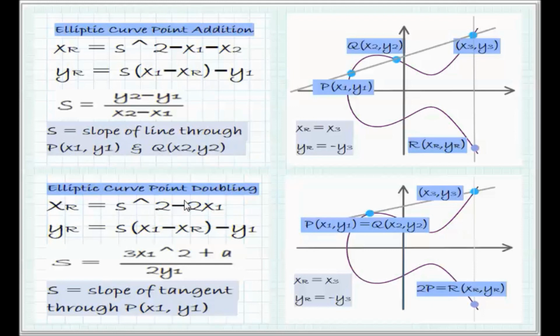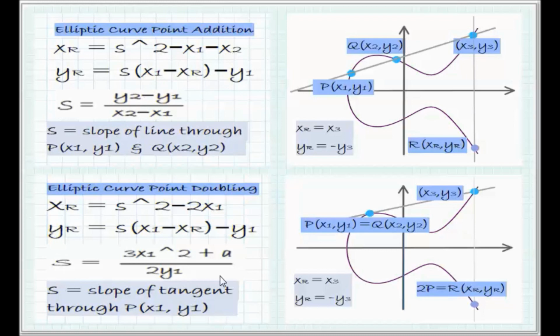And for elliptic curve point doubling, xr is equal to s squared minus 2x1, since x1 is equal to x2 here. We only have one point. So s squared minus 2x1. And yr is equal to s times (x1 - xr) minus y1, same as here.